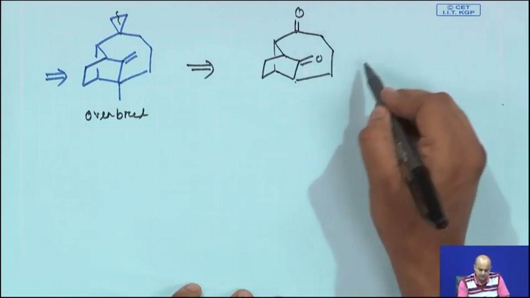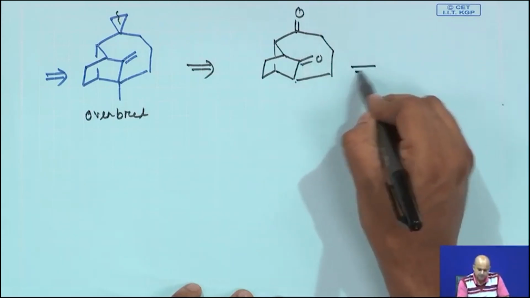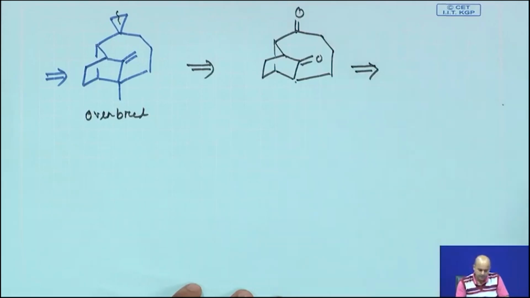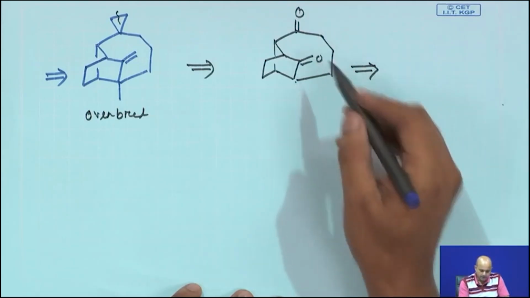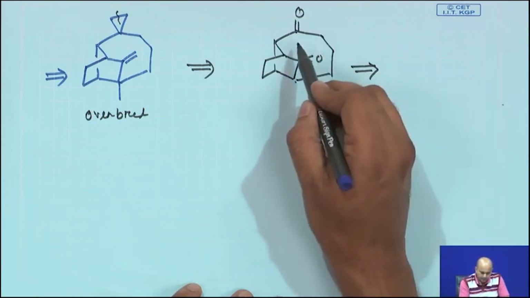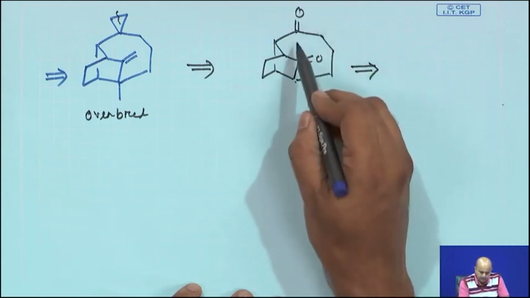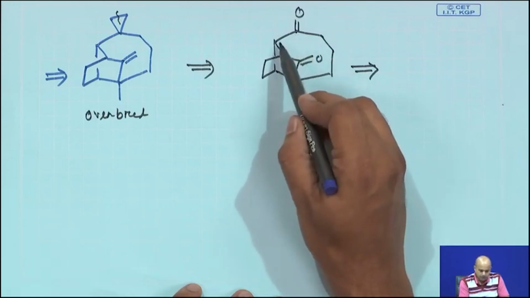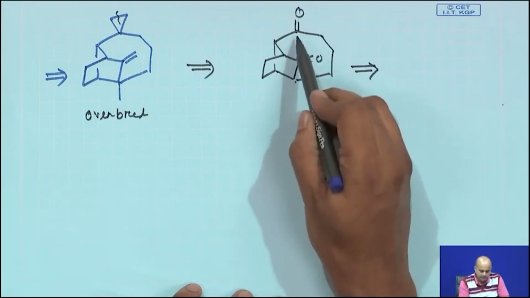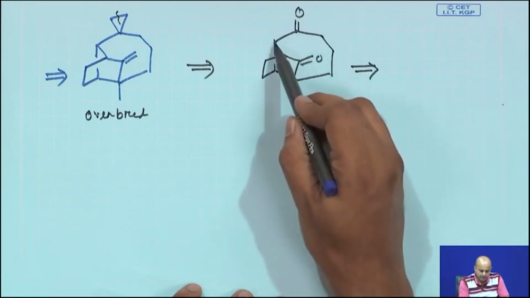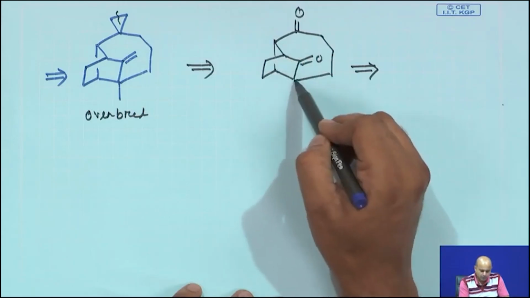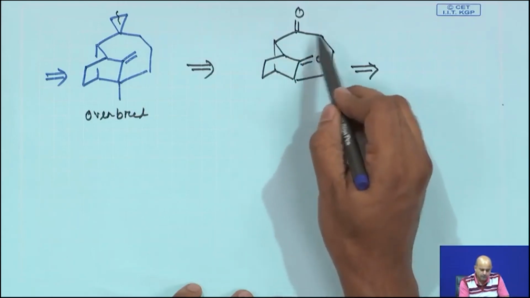Now, the disconnection, what I will next draw, before that what I try to do, I will just try to analyze in this way. Now, you find that you have a bridge structure and you have something else. The middle ring is basically 1, 2, 3, 4, 5, 6, 7.